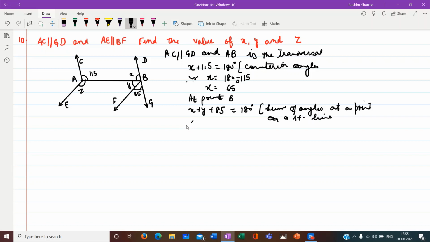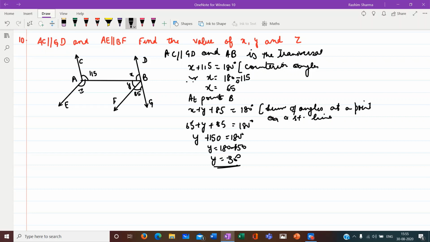Now we get here 65 plus y plus 85 is equal to 180 degree. So y plus 150 is equal to 180 degree. So y comes as 180 minus 150, y is equal to 30 degree.